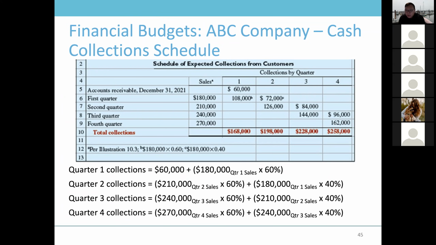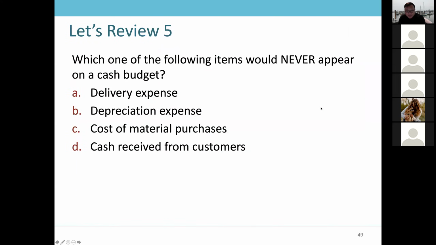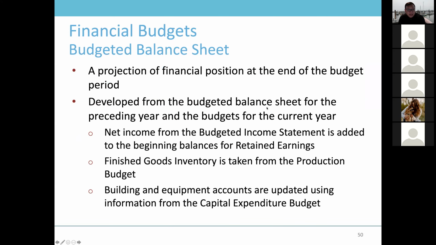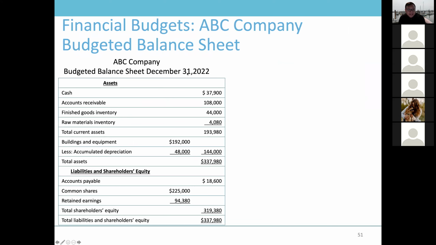Remember, in the fourth quarter, they only collected 60%, so the other 40% has not been collected. That's your AR, 270 times 40%. Why are we using the fourth quarter? Because we are talking about December 31st, the end of the fourth quarter.